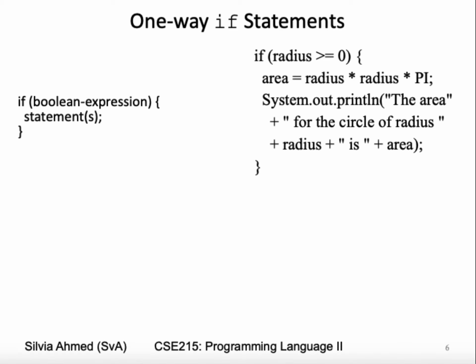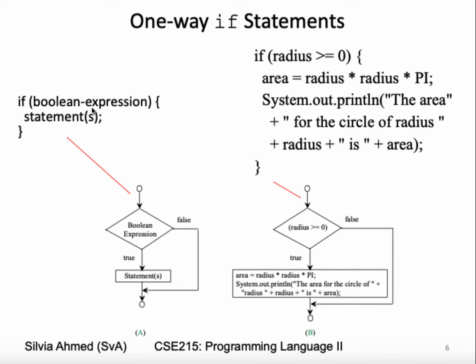So in terms of flowchart, we can express this condition in a diamond shape. Inside the diamond shape we have the expression or the condition, and it will always have two branches coming out. One is the true branch and one is the false branch. If the result is true, we will execute some statements.